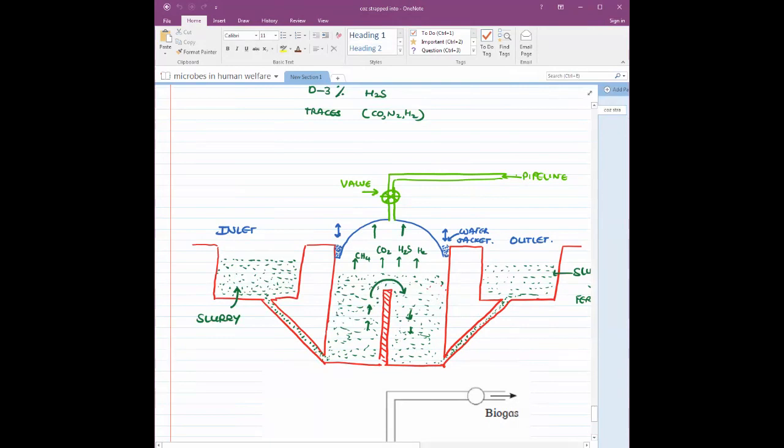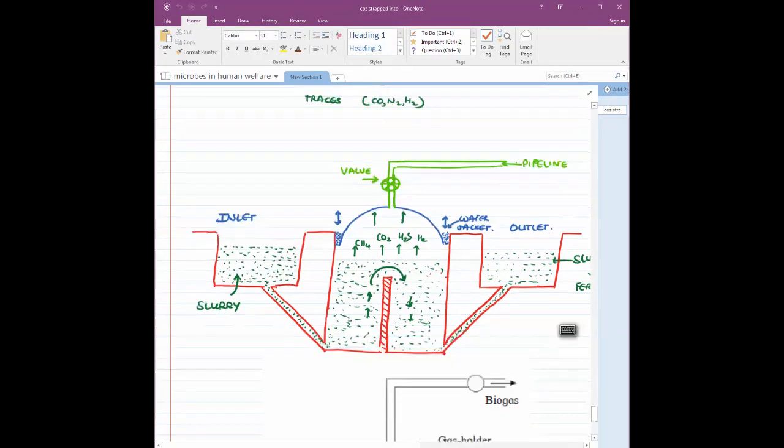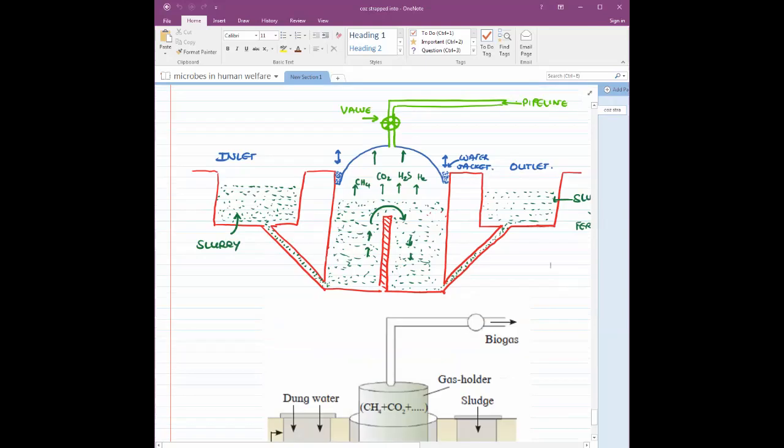Okay, but now when we talk about this entire biogas plant, which biogas plants are generally used, and how does it really happen? We have two models here.